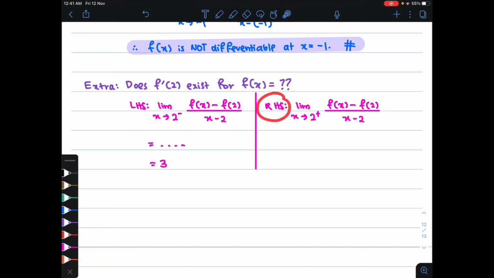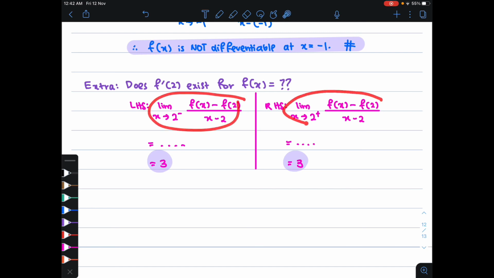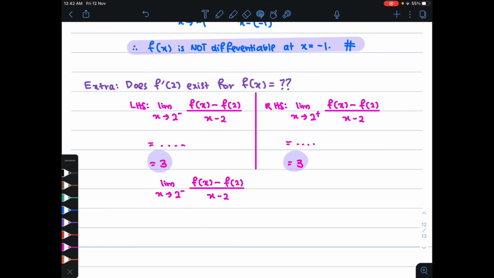And for the right-hand side, you do your calculation and you get your answer 3. If you compare both answers, you can see that they are the same. So make your conclusion that this limit is the same as this limit. Which is equal to 3.